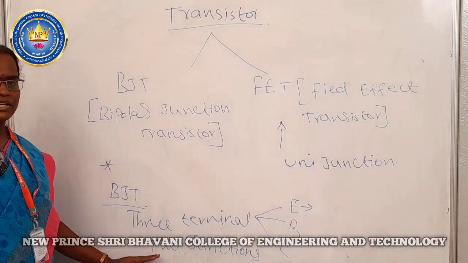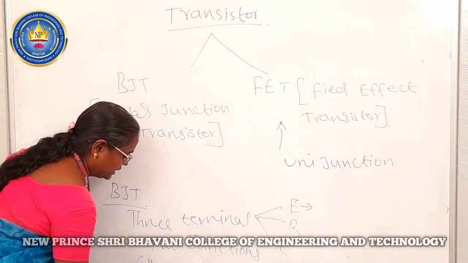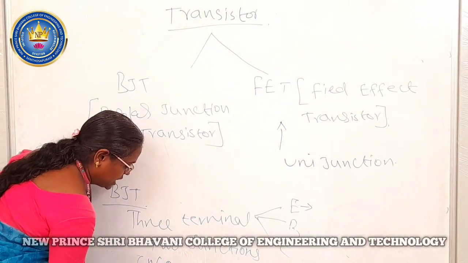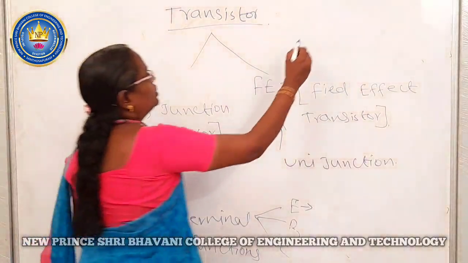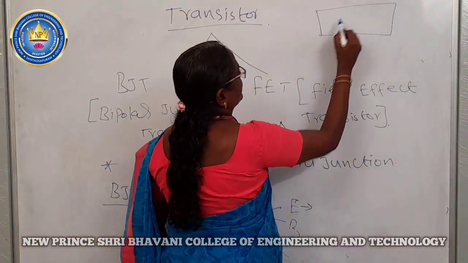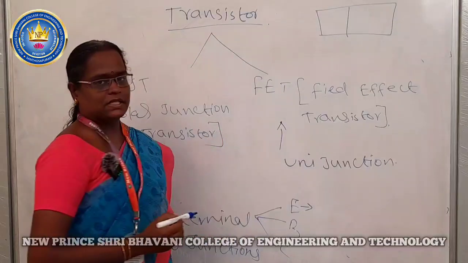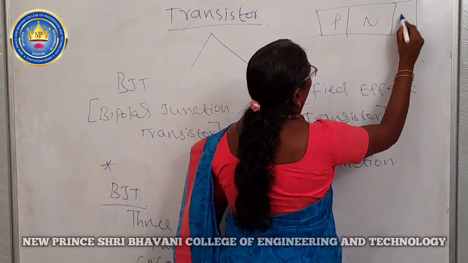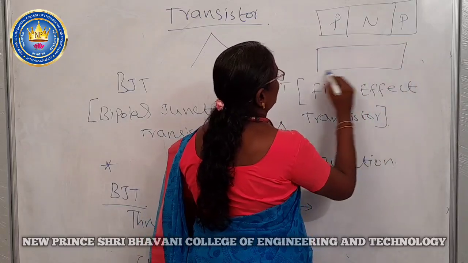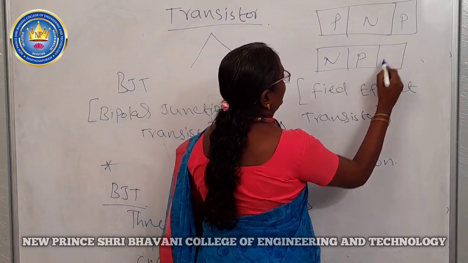There are 2 junctions available. One is the emitter base junction and the second one is the collector base junction. This is the structure diagram for a transistor. It is made up of either PNP or NPN.